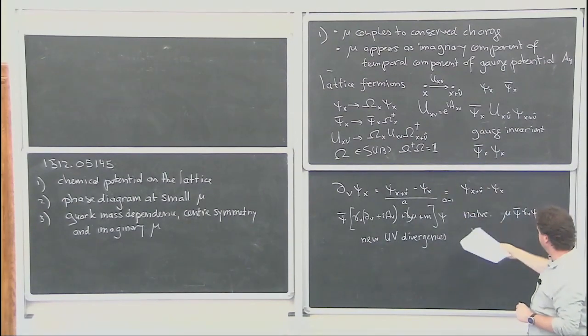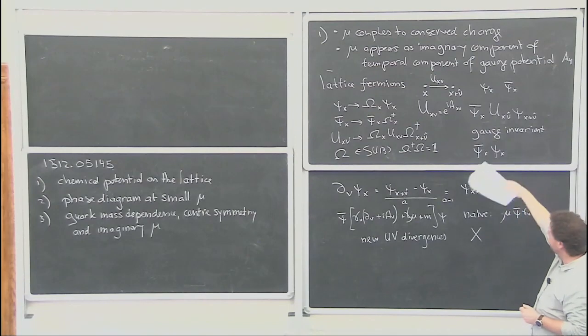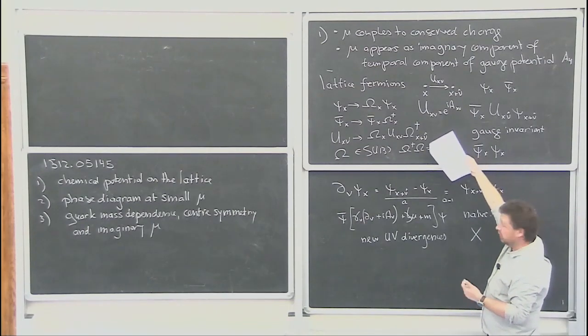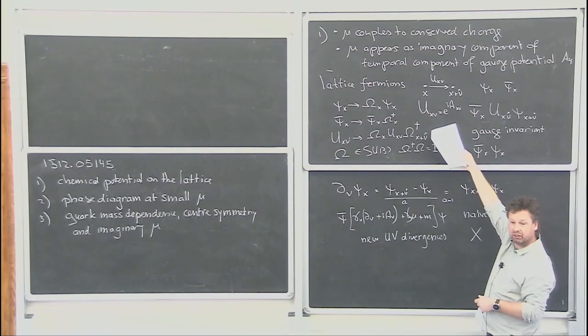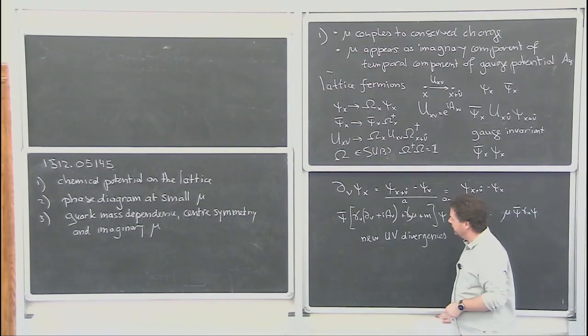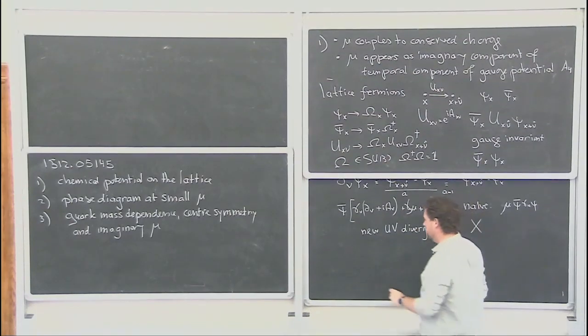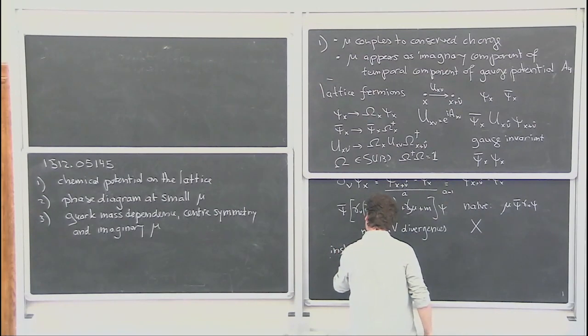So if I want to treat the chemical potential as the fourth component of a gauge field, it's well argued that I should introduce it in the exponential, like this, and not in a linear way.